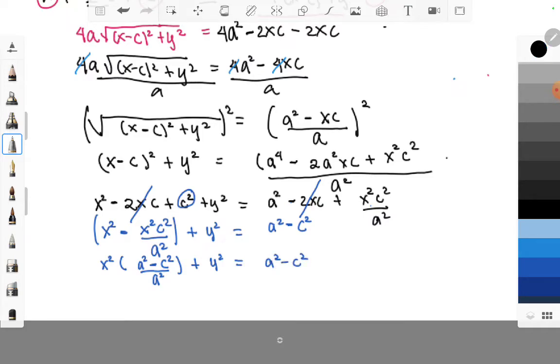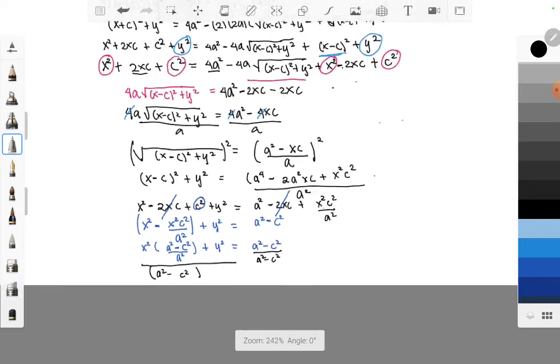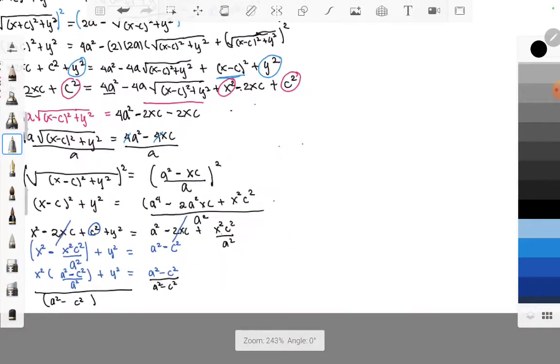If I divide both sides by a squared minus c squared, you would notice that, okay, I will just write it here.